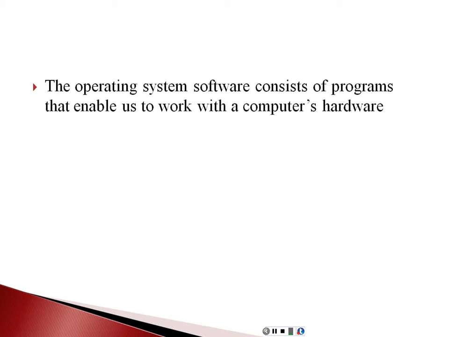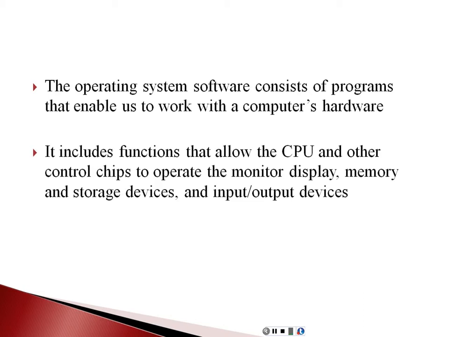That operating system consists of programs that enable us to work with a computer's hardware. And it includes functions that allow the CPU, that central processing unit, and other control chips to operate the monitor display, the memory, the storage devices, the input and output devices during that booting up process.